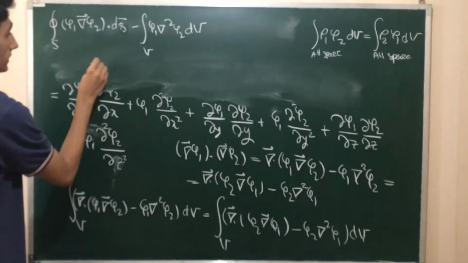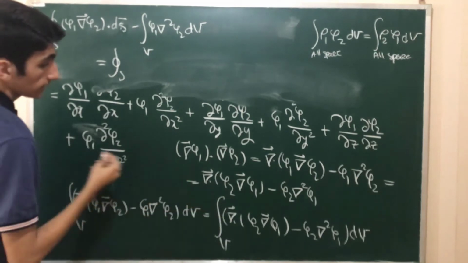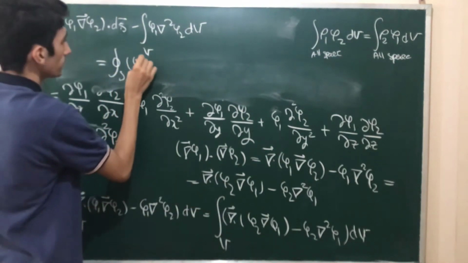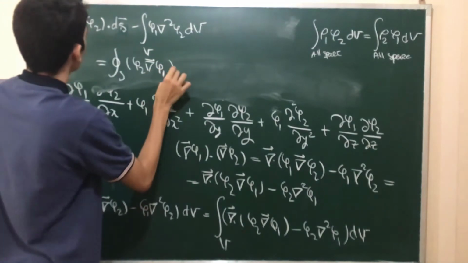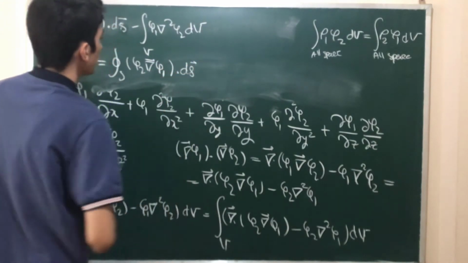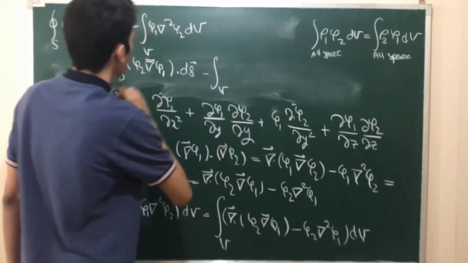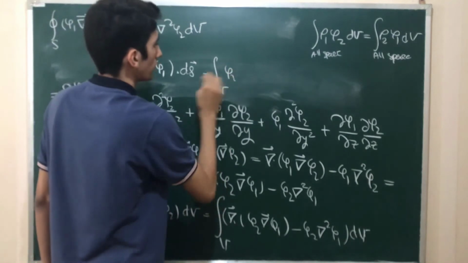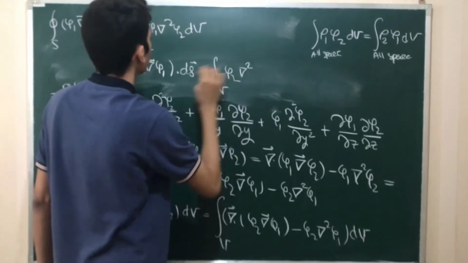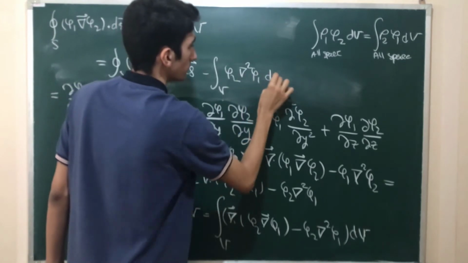This is the same as the integral over S of phi 2 times the gradient of phi 1 dotted with dS, minus the integral over V of phi 2 times the Laplacian of phi 1 dV.